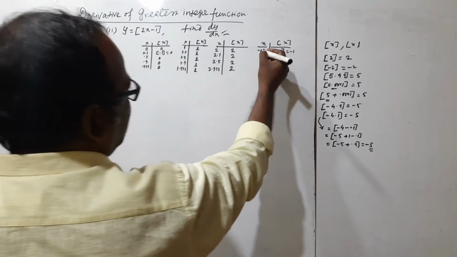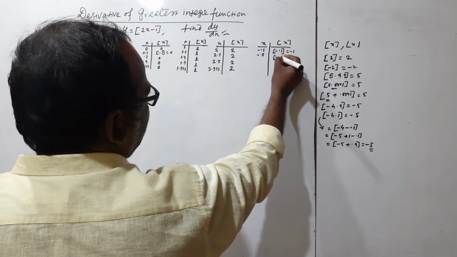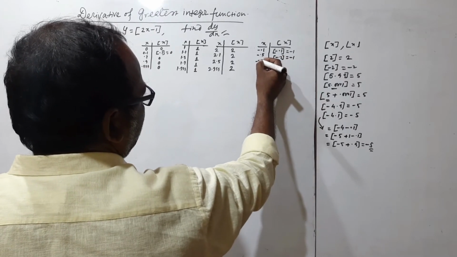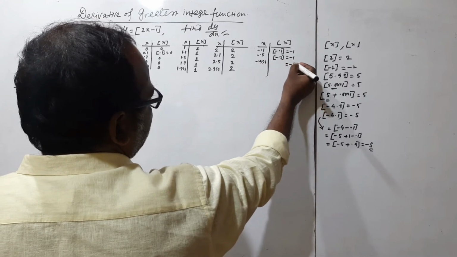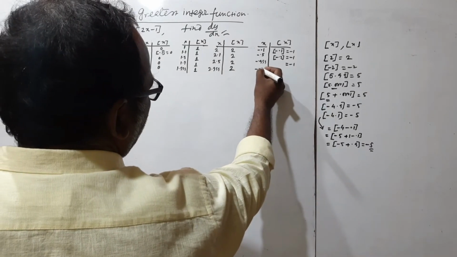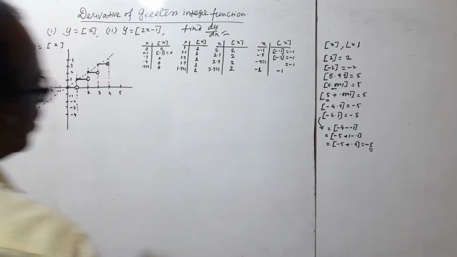Again minus 0.5 gives minus 1, minus 0.99 something gives minus 1, and so it will be minus 1.